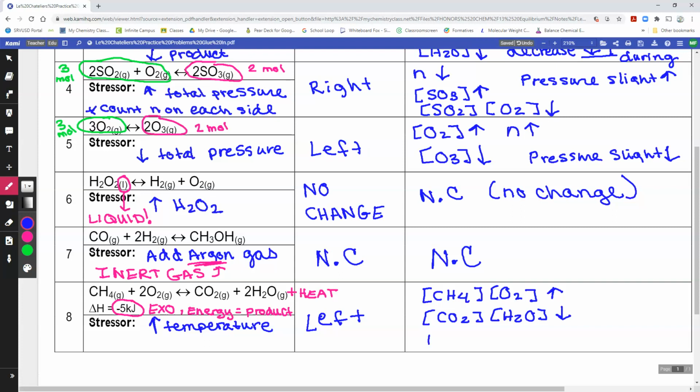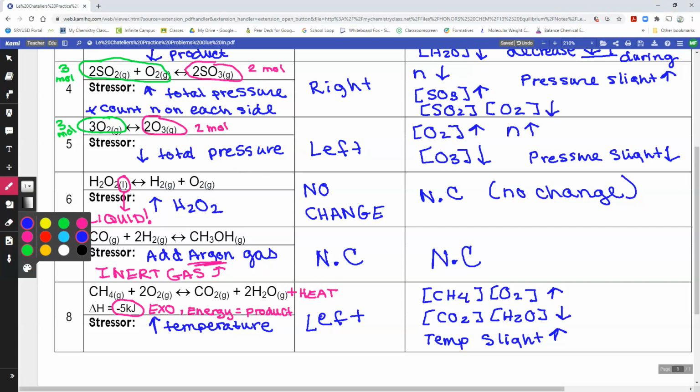The temperature change is going to have a slight increase. Just like all of our other stressors. We can't go back to where we started, but at least that temperature will be a little bit lower than when it was at its worst point. Okay.